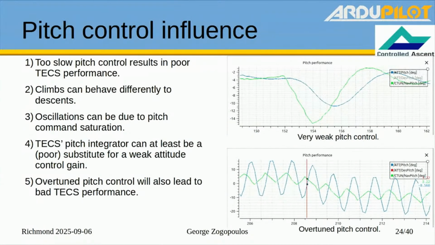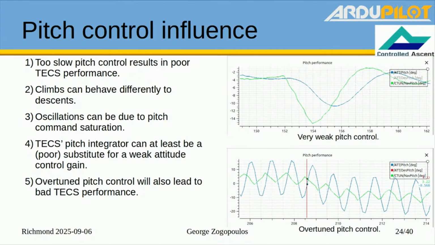In the next section, I want to touch upon the pitch control influence on the TECS tuning. So TECS produces a pitch reference, a pitch command that it expects to be carried out by the pitch control loop. But the pitch control loop isn't ideal.